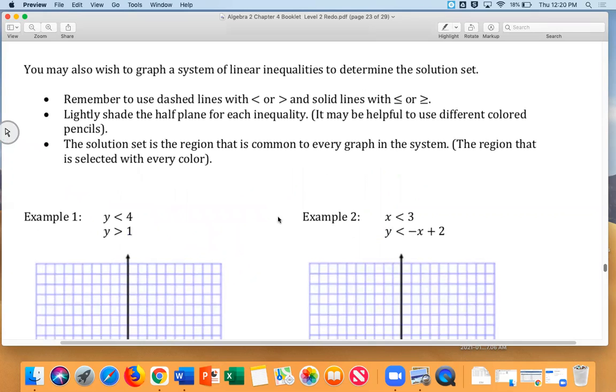This is where your colored pencils come into play. In order to solve a system of inequalities, we must graph.